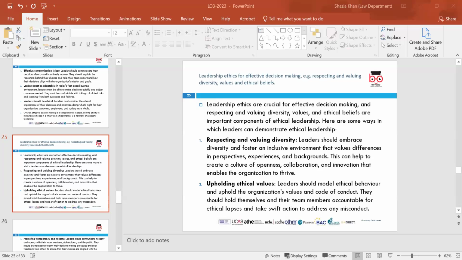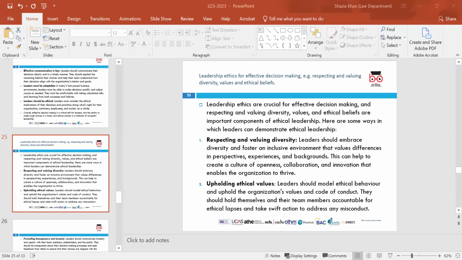It means dealing with individuals or organizations in a way that respects their values and morals, with transparency, and being fair. Respecting and valuing diversity: leaders should embrace diversity, foster an inclusive environment, value people's backgrounds, and adopt ethical behaviors, fostering a workplace culture which is transparent, inclusive, and collaborative.